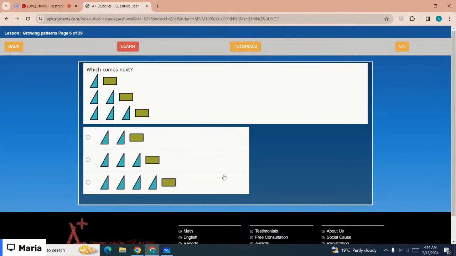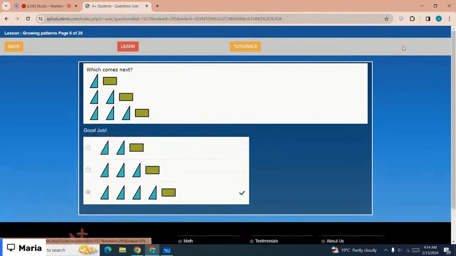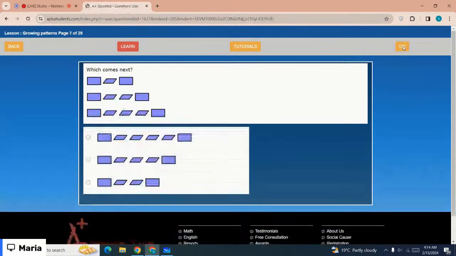The last one is the correct option, right? Which comes next, which is the correct option. Option number one is the correct option, right?